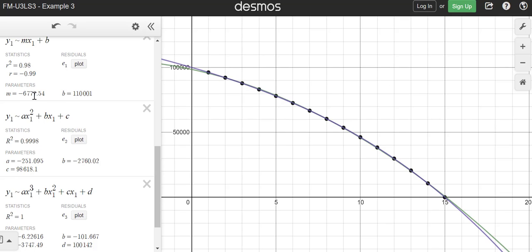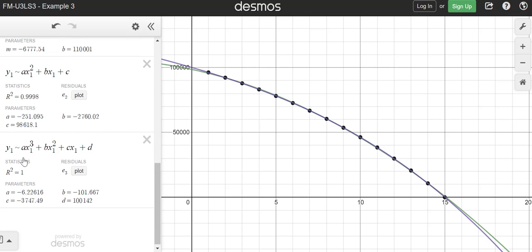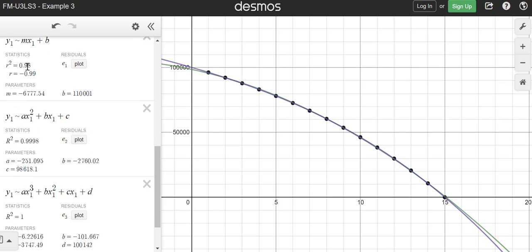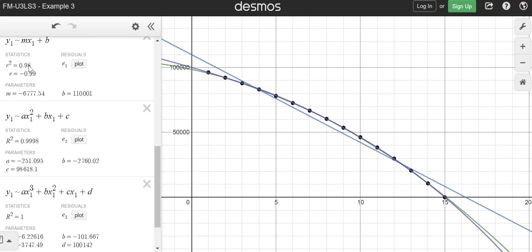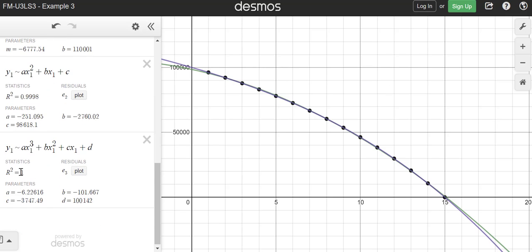Also, in the statistics section, there is an R squared value. The closer to 1 that number is, the better the fit. With our linear, we had 0.98. With the quadratic, we had 0.998, which is a little closer to 1. So we know the linear isn't the closest. When we look at the cubic, it had an R squared value of 1, which is what we really wanted because it is the closest value.